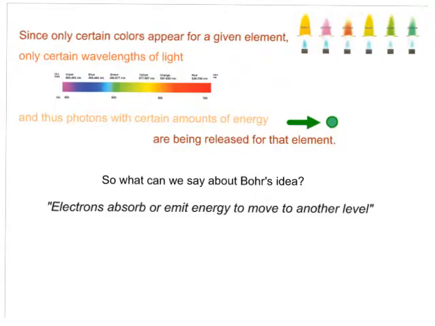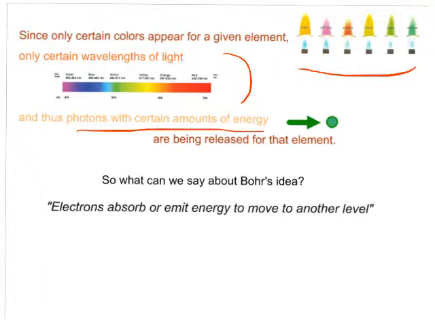So, since only certain colors appear for a given element, for example, lithium red or sodium yellow, here's an example of a few right here, each atom has its own color that it will emit. And we also know certain wavelengths of light are associated with those colors. And photons associated with certain amounts of energy being released for that element.